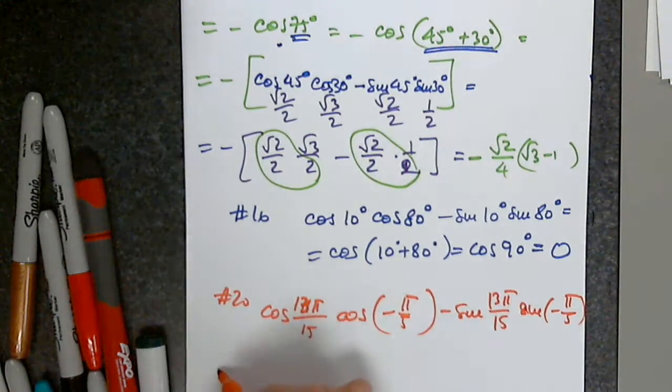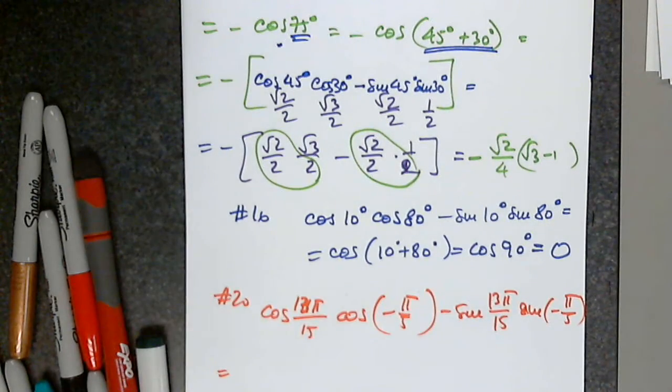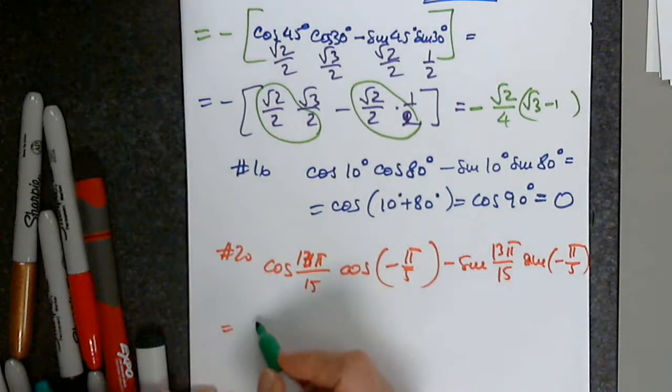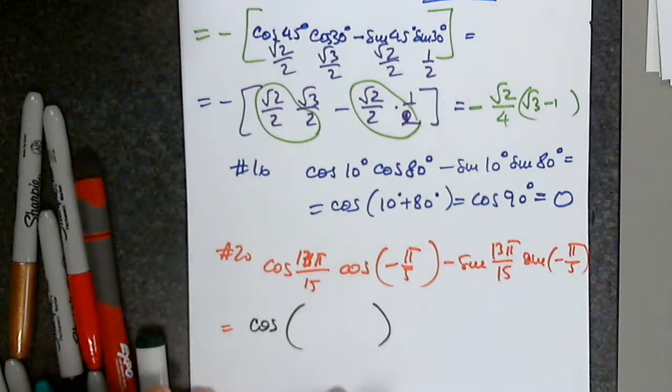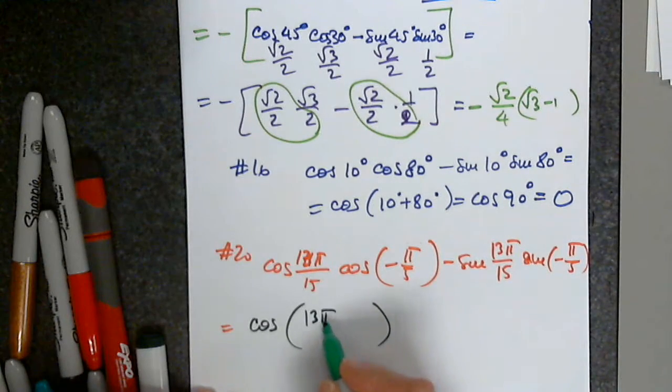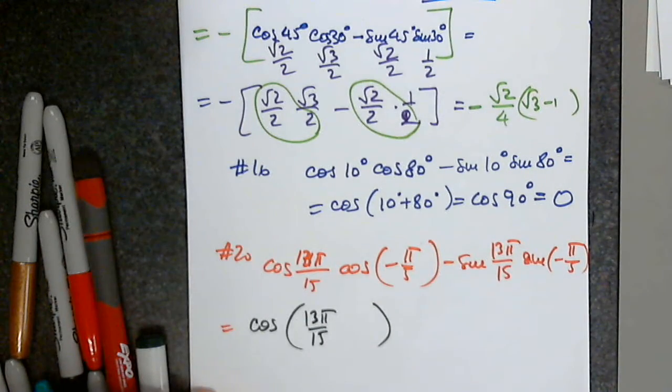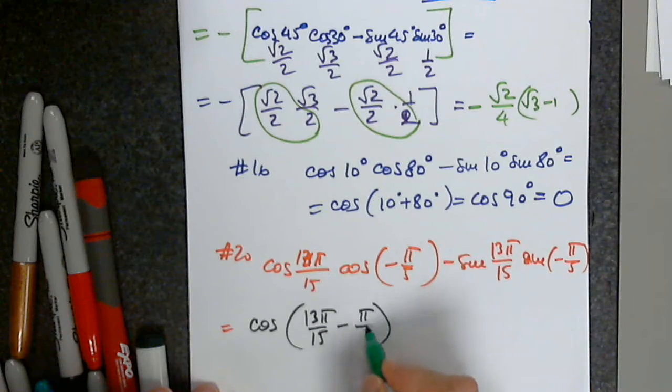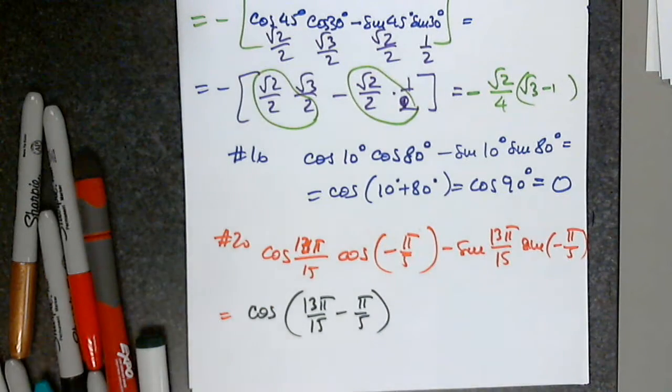Good. Is there a formula that looks like cosine, cosine minus sine, sine? Which is cosine. Yes. So it's cosine of what? 13 plus. Exactly. So it's minus pi over 5. Very good. So cosine alpha plus beta.